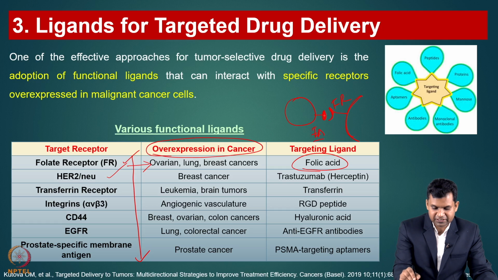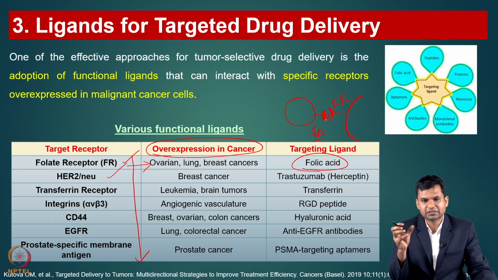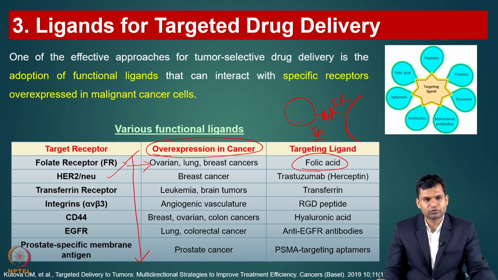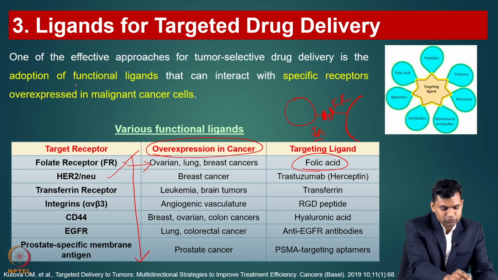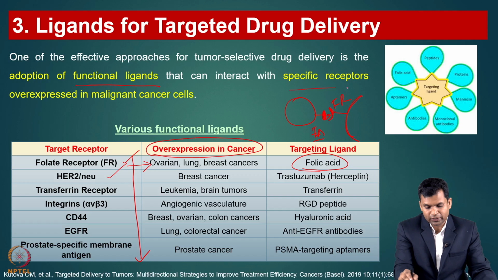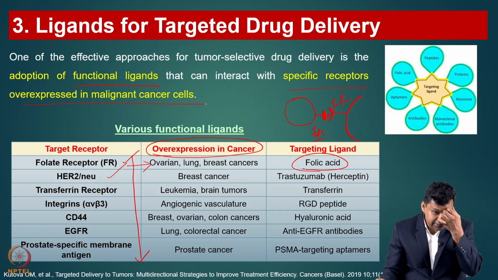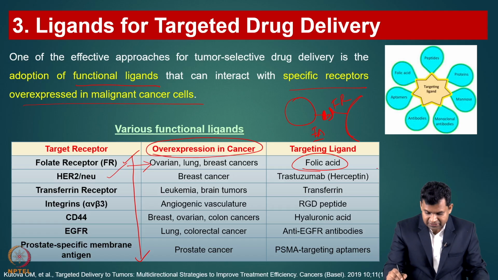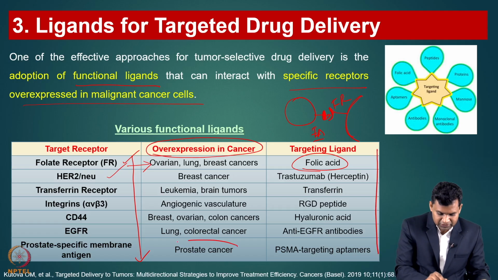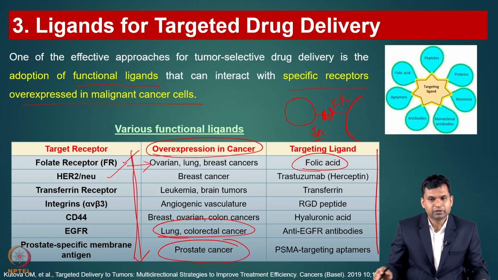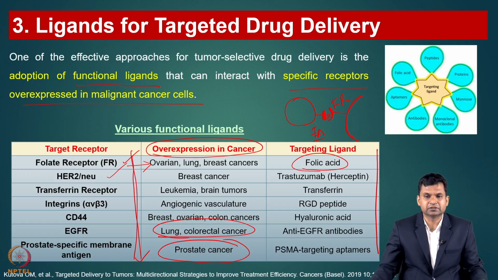Then it specifically goes and binds with that receptor. That leads to the internalization of your molecule. So, here we need to use functional ligands which will go and specifically bind to the overexpressed receptors on malignant cancer cells. These are the various types of functional ligands. You can use them for the targeting of various cancers by stimulating the receptors.